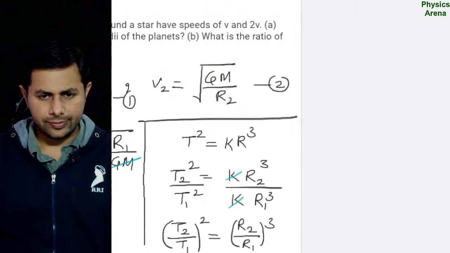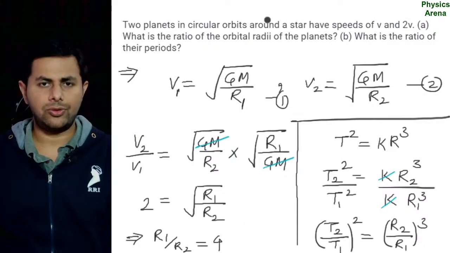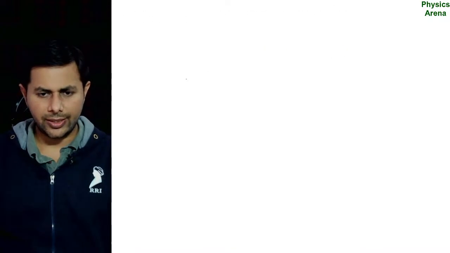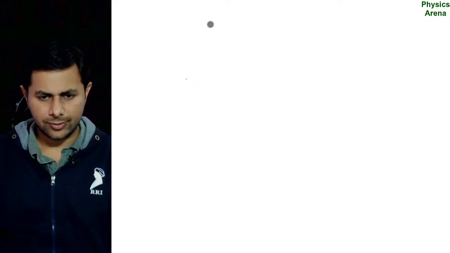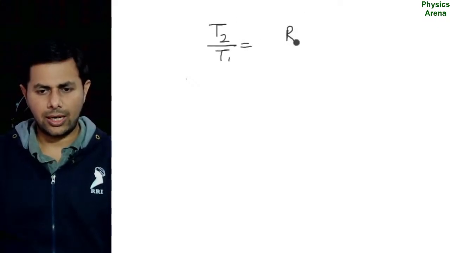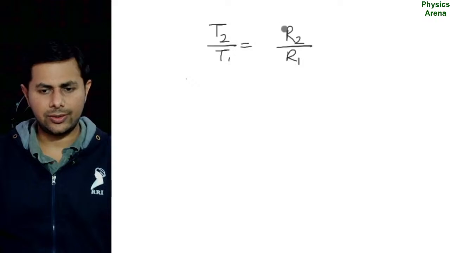Therefore if we take the square root of both sides, what do we get? T2 upon T1 equals r2 divided by r1 raised to 3 by 2.